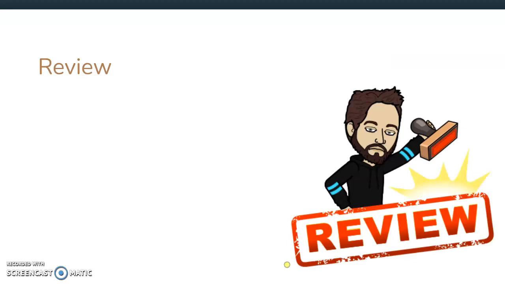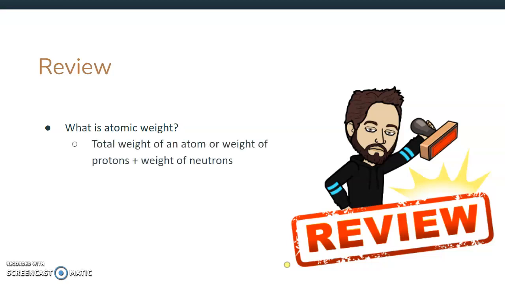Before we get into the weeds, as people like to say, I want to do a little bit of review. What is our atomic weight? We learned earlier, I think in Partial 1, that the atomic weight is the total weight of an atom, and we can also find it by adding the number of protons and the number of neutrons.